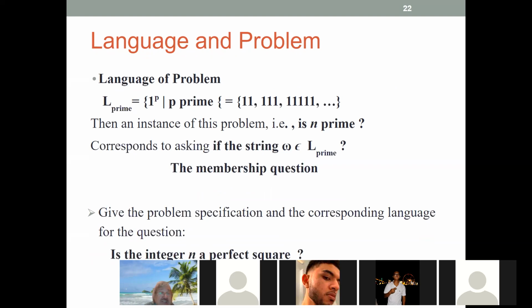We're getting used to this notation, I hope. Such that p prime is the set containing 11, 111, 1 to the 5th. And that's an instance of the problem: is n prime?